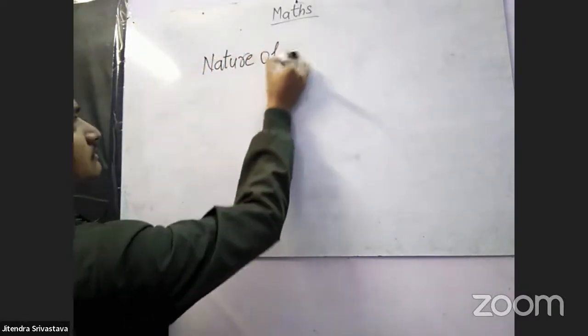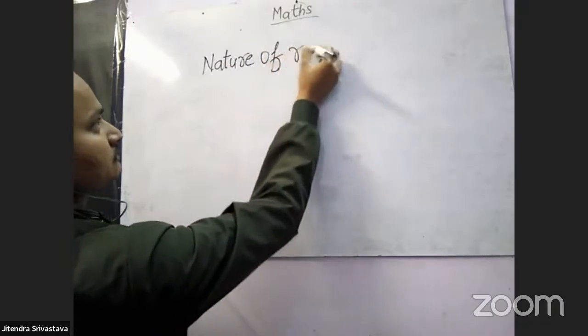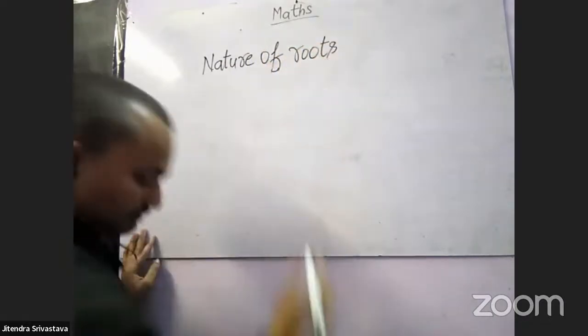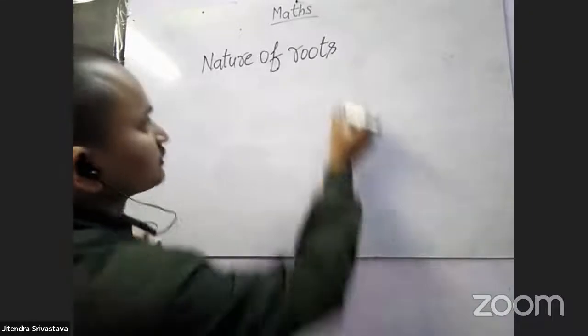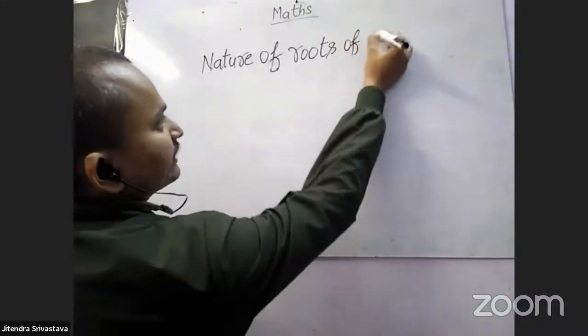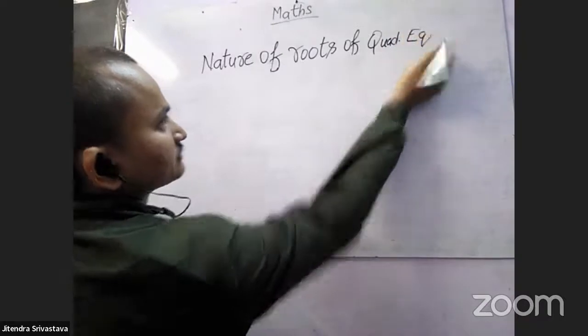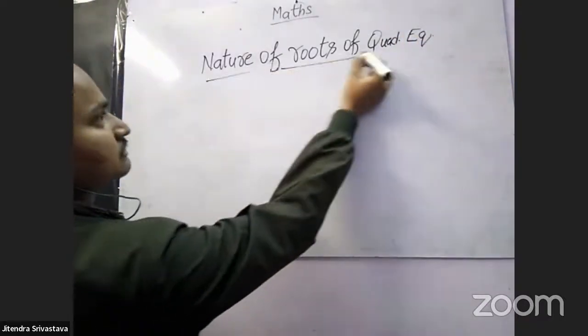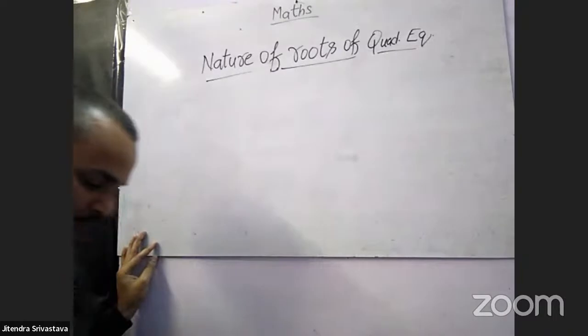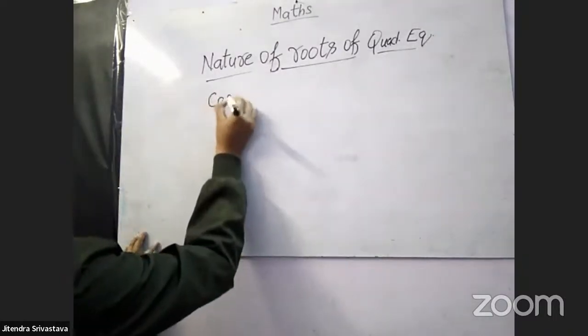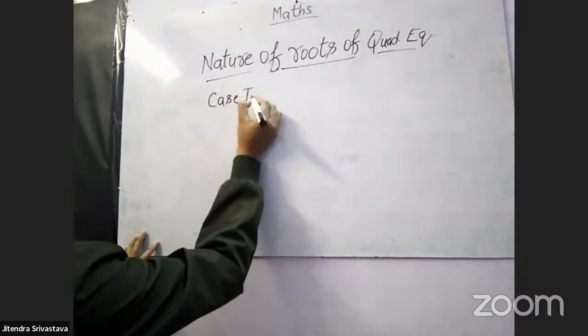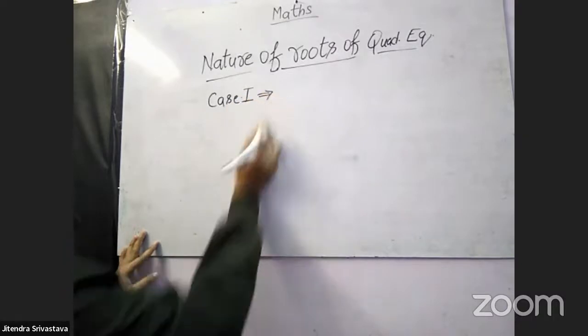Nature of roots of a quadratic equation. So the first case. What does it say?